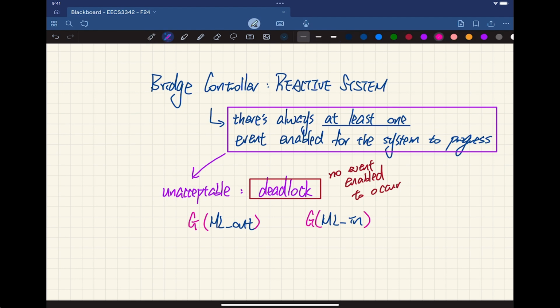Okay, so I like that. But if you say and here, that means the guard of ML out is true, and also the guard for ML in is true. It's not exactly deadlock. Deadlock should be both of them being false, right? Okay. This is a deadlock condition, right? Are we okay so far? Okay, this is called the deadlock condition.